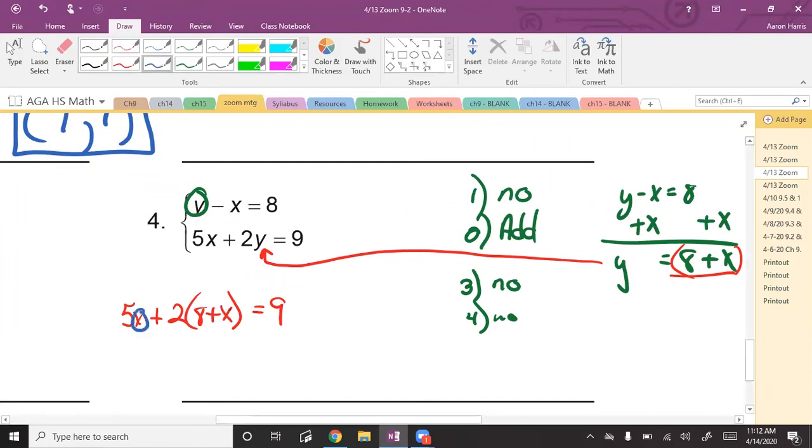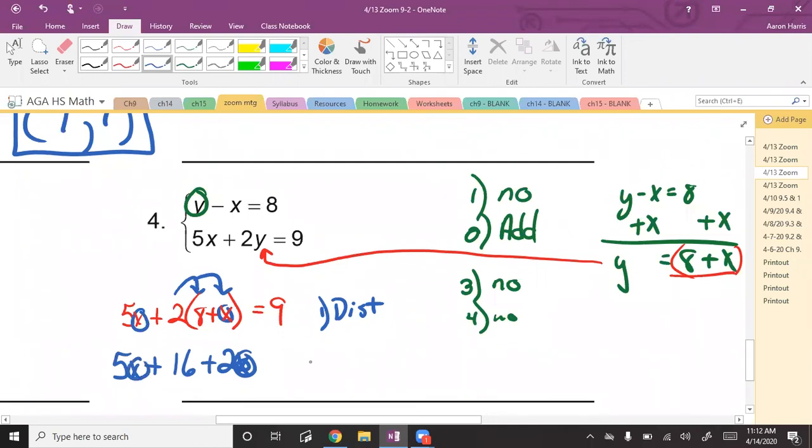That's right. I'm going to solve for x. First step, simplify / combine like terms. Anything to do? Yes. Can I PEMDAS? No. But can I distribute? Yes. I can distribute this 2 into both of those terms. So I get 5x plus 2 times 8 is 16. 2 times x is 2x.